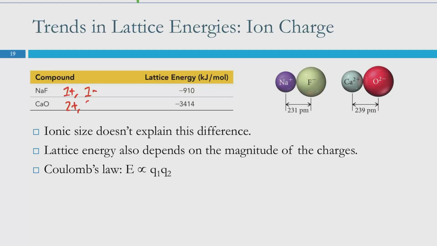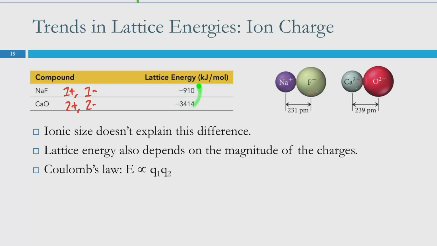Calcium's a 2 plus, oxygen's a 2 minus. The lattice energy difference is drastically different. And ionic size doesn't explain the difference because they're all relatively similar in size. Not exactly, but they're similar enough. It wouldn't cause as big of a difference.